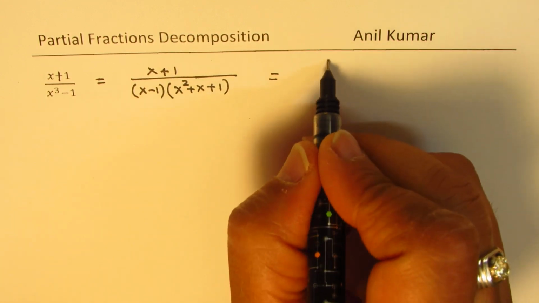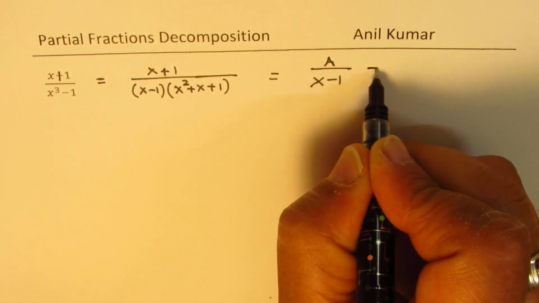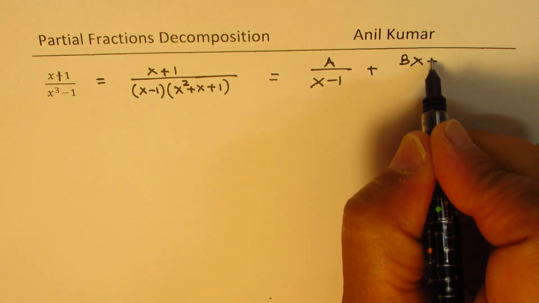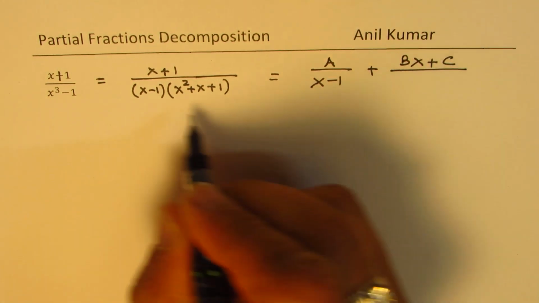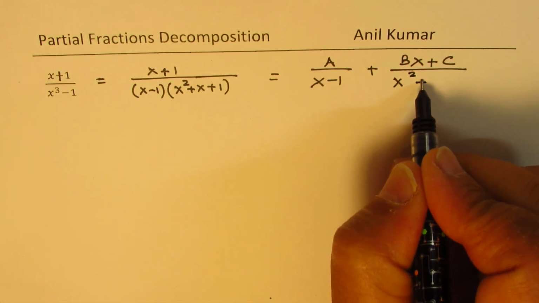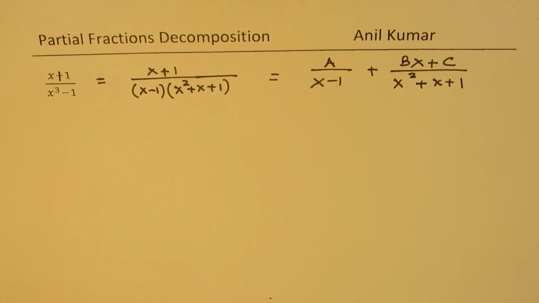Now how do you partial fraction this one? So of course we have 1 over x minus 1, right? The other one will be a linear function, so we'll have bx plus c in the numerator for the quadratic term, which is x squared plus x plus 1. Is that clear to you? All right, so that is how we are going to get our expression.